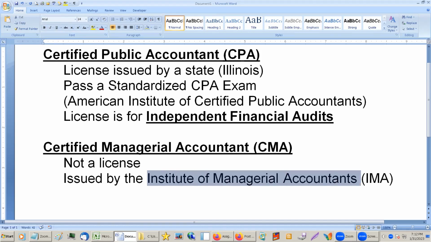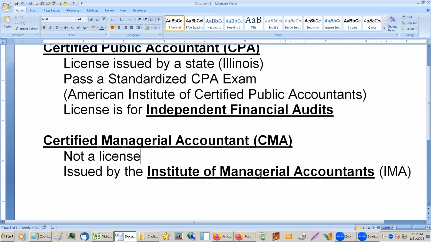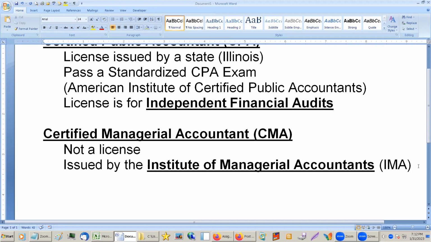They issue it. So if you get the designation in Illinois, it's issued by the Institute of Managerial Accountants. You get it in Florida, it's the Institute of Managerial Accountants. It's the same everywhere. So it's not a license.